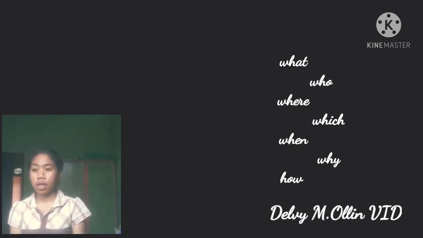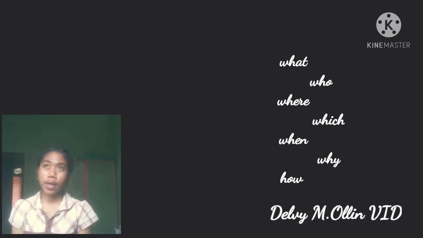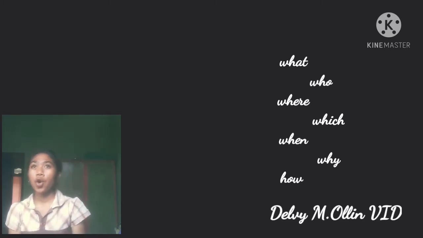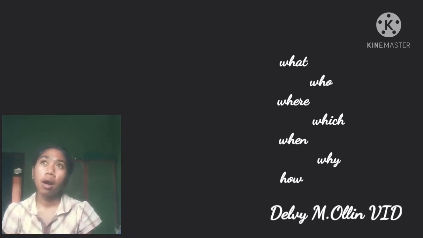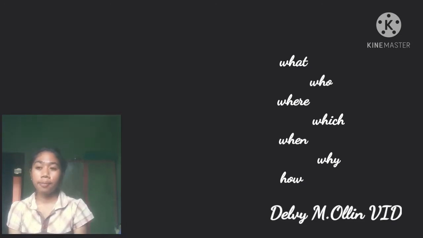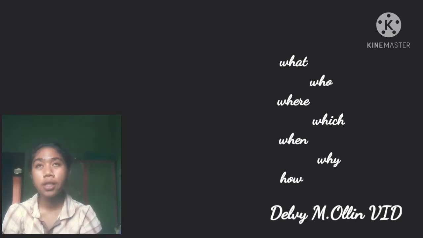What asks about things, who asks about the person, where asks about place, which asks about an option or a choice, when asks about time, why asks for a reason, and how asks about a method. Now I want to give you an example.